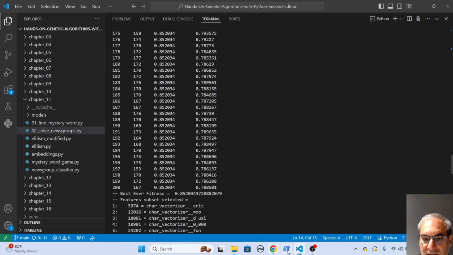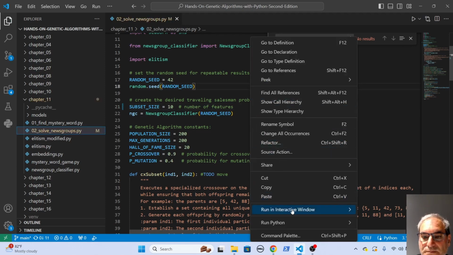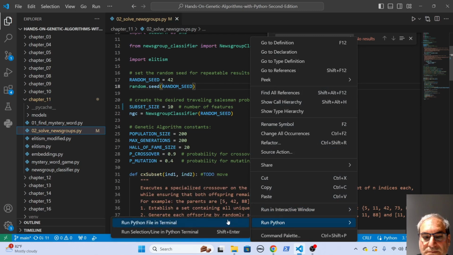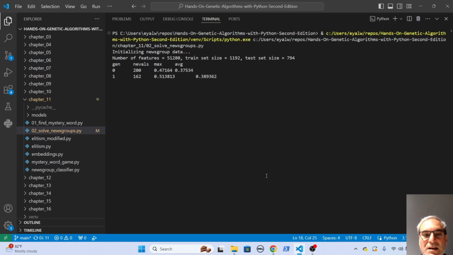So let's do that by changing the subset size to 10, like it shows here, and run it again. This will run a little faster because we have a smaller subset that we choose, but it's still going to take a while, so we're going to wait for it.